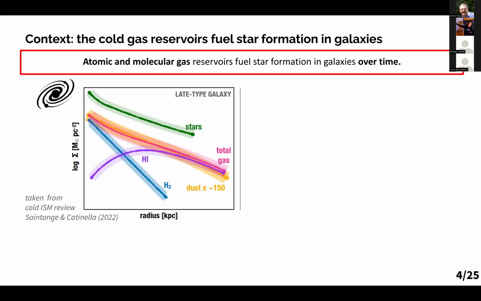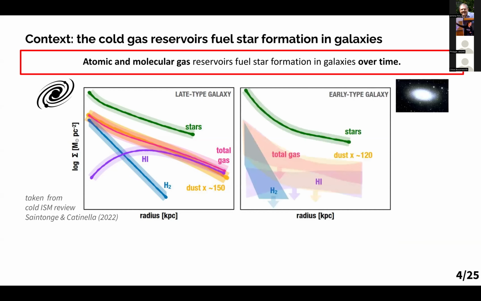So you have the total gas reservoir in red, which is composed of the atomic and the molecular gas. And what is interesting here already, and I will come back to that when I speak a bit more about the JWST results, is that the dust is actually an excellent proxy to probe the total gas mass if the dust is well mixed within the gas reservoirs.